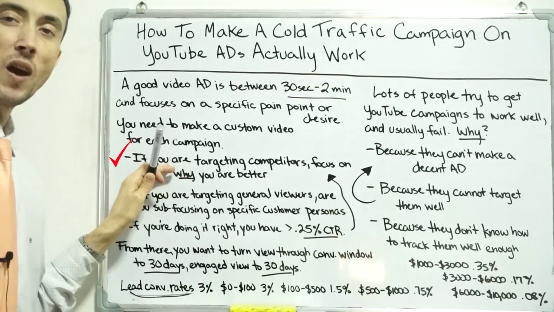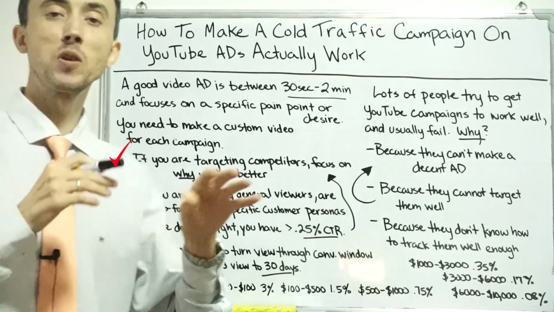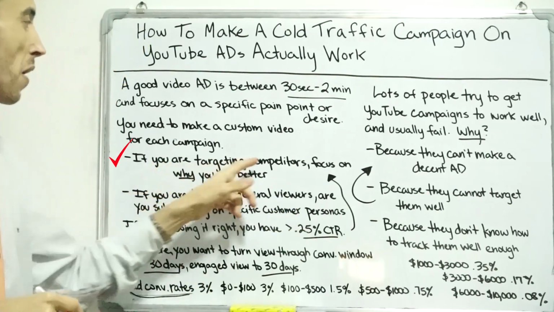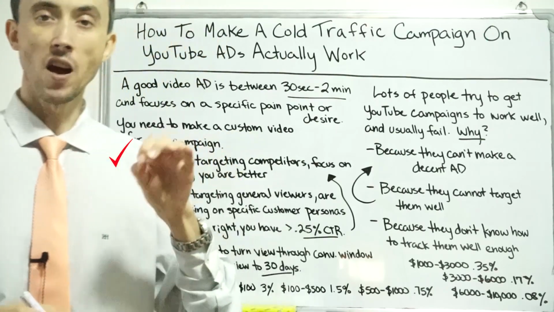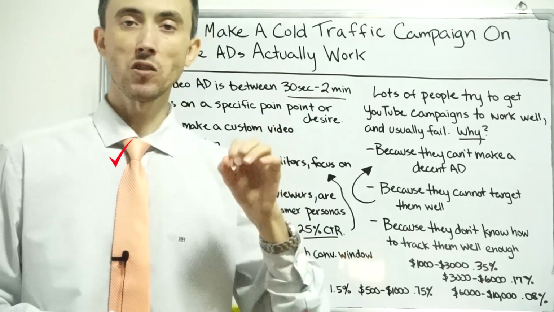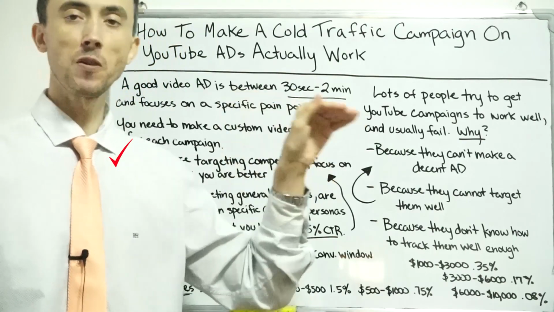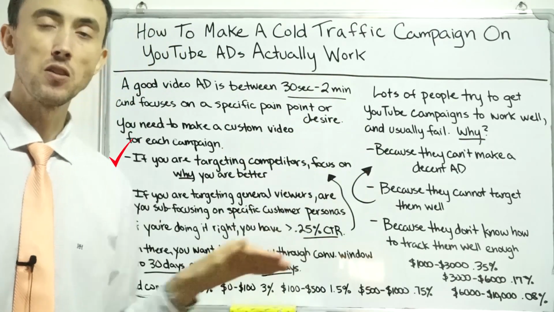The best way to do that, by the way, that I always rely on first, is targeting competitor audiences. Using custom intent audiences, you can set up an audience for every direct competitor that you have.